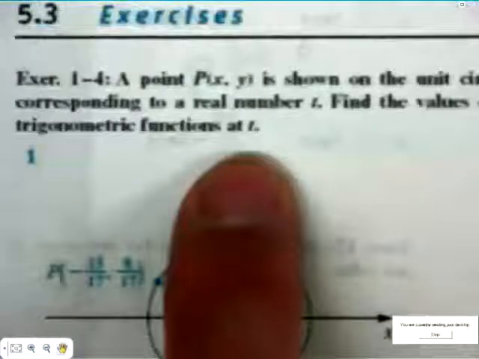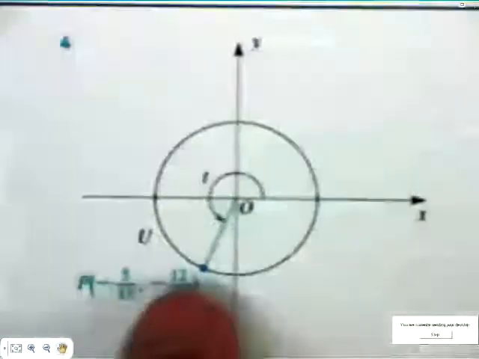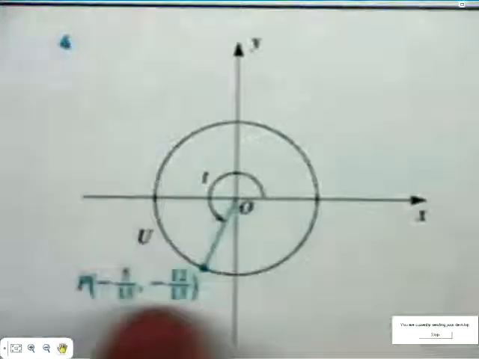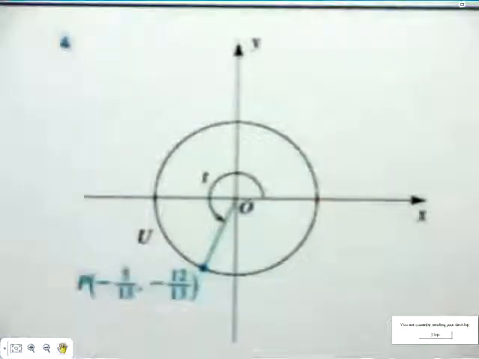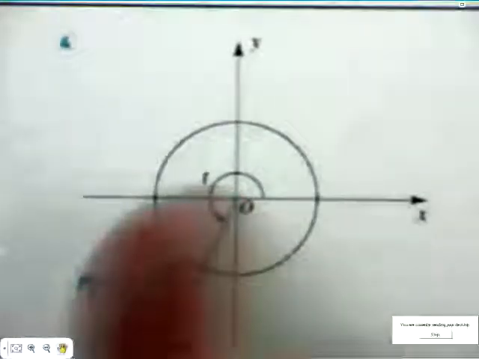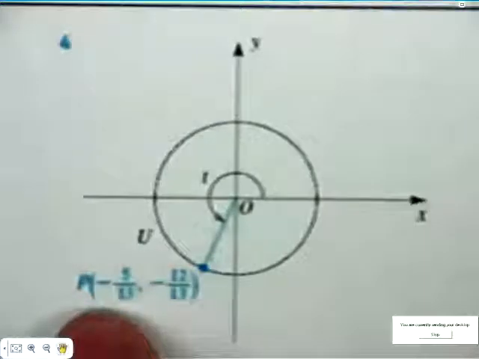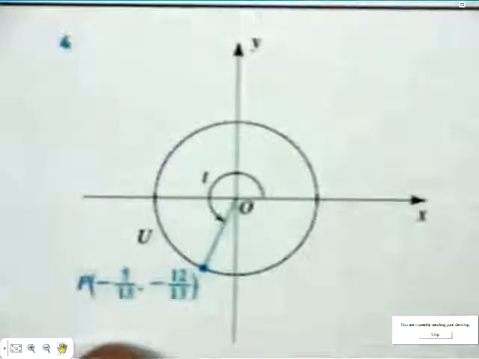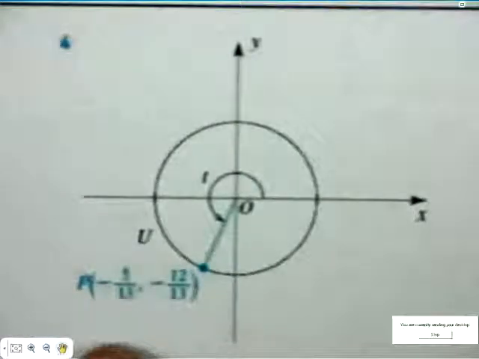And remember, the trig functions at some real number t just means the trig functions of an angle of t radians in the unit circle. So the sine of this angle t would just be the y coordinate, the cosine would be the x coordinate, and the tangent would be the y coordinate divided by the x coordinate. And then you find the 3 reciprocal functions. Nothing exciting about that one.